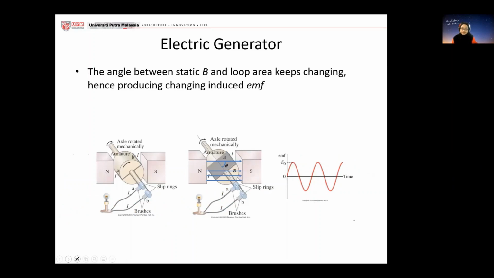Now, in an electric generator, remember just now we talked about the factors that affect the induction of EMF.